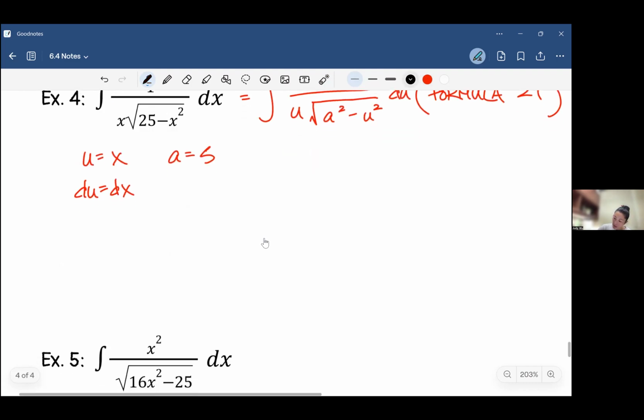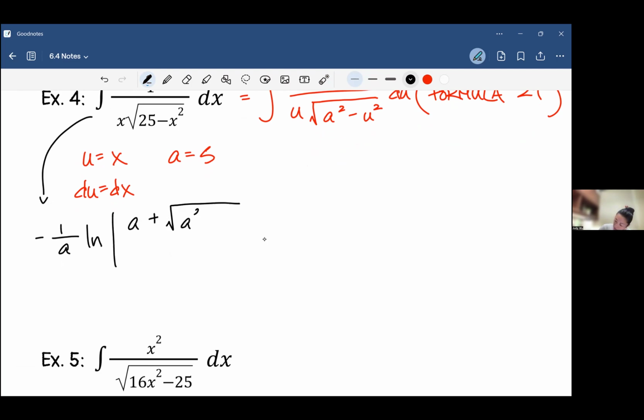It turns out that this formula says we get negative 1 over a, the natural log of the absolute value of a plus the square root of a squared minus u squared, all over u, plus c.